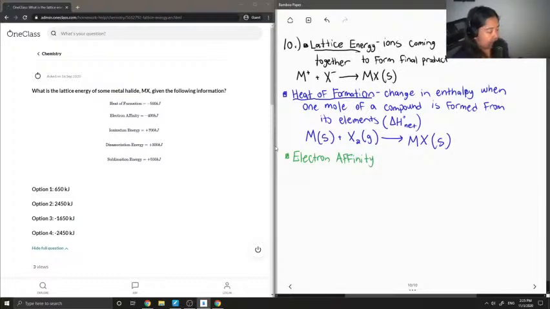Electron affinity. The definition of this is the energy change that occurs when an electron is added.